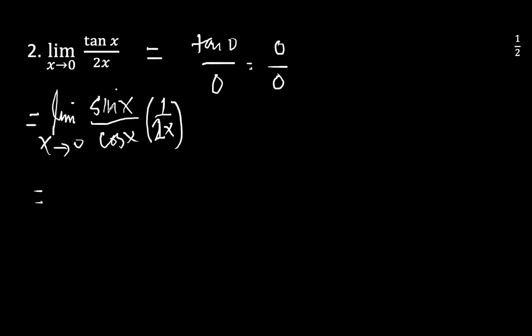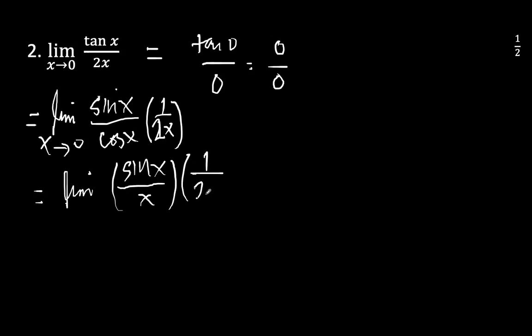Since the numerator is sine x, we can use theorem number 1 by placing x in its denominator. So we have the limit of sine x over x, and we have 1 over 2 cosine x.